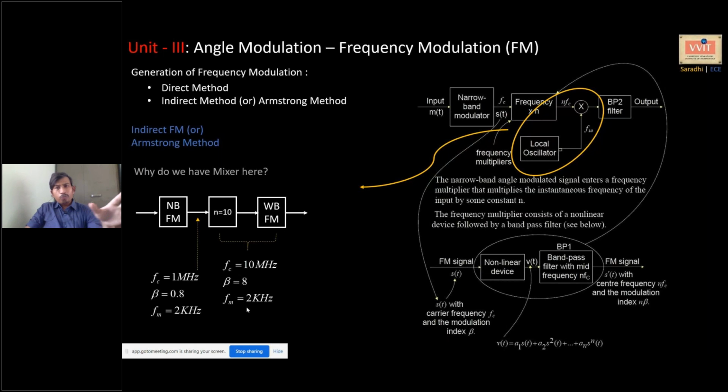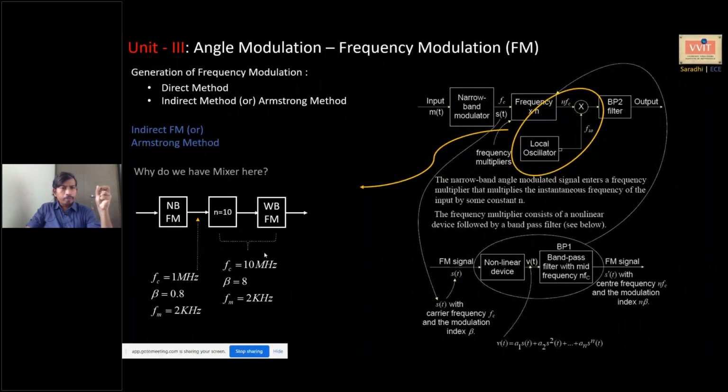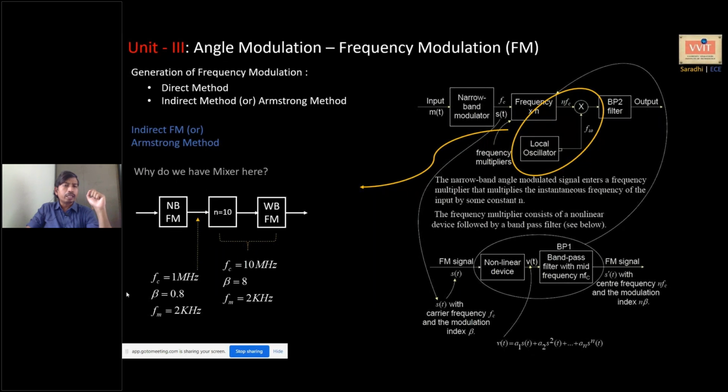Now we have one problem here. The problem is we want either narrowband FM or wideband FM to be centered at carrier frequency 1 megahertz, but your process is making it 10 times.